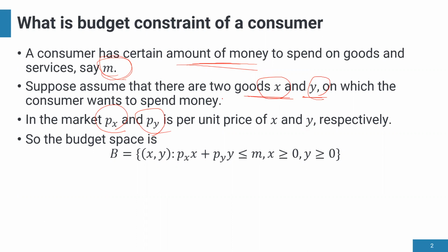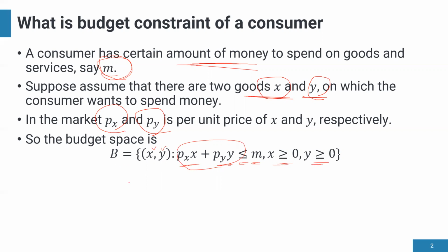So similarly, if you want to consume X units, the price will be PX times X. If you consume Y units, it will be PY times Y. So his budget space will be those X and those Y such that PX·X plus PY·Y, their addition, should be less than or equal to M. That means he will consume only those things where the total expenditure is less than or equal to M, and X and Y are greater than or equal to 0, that is the non-negativity constraint, of course.